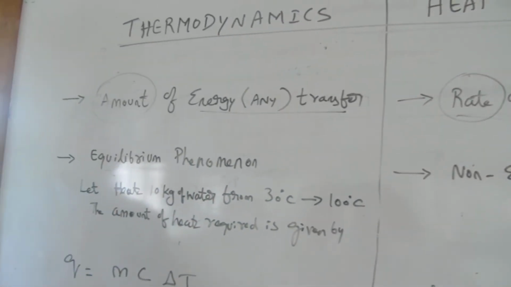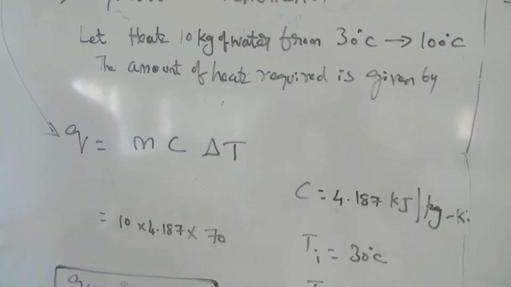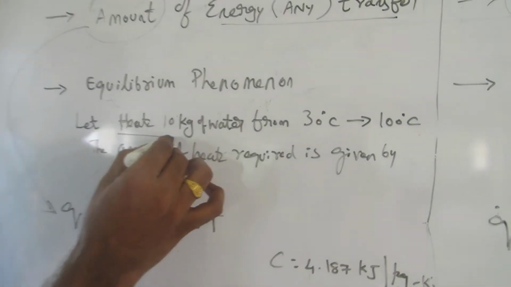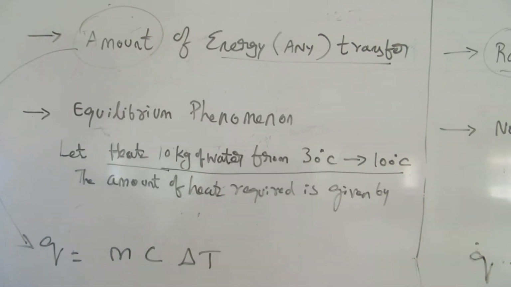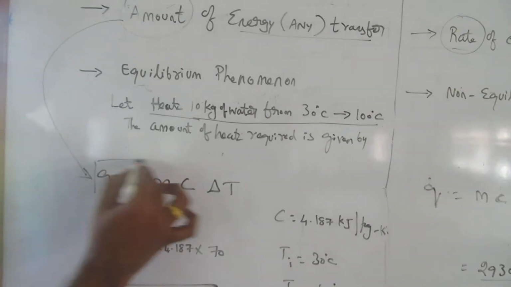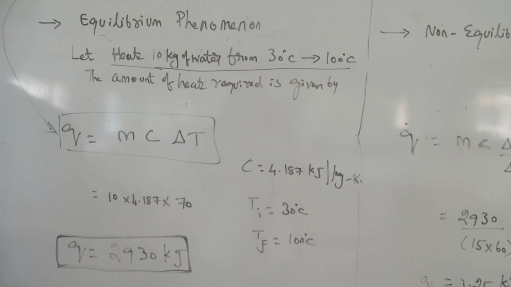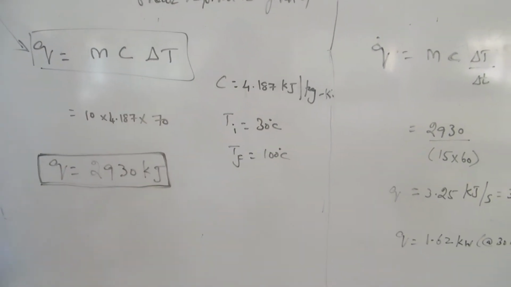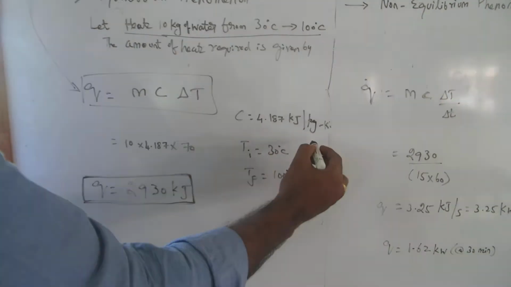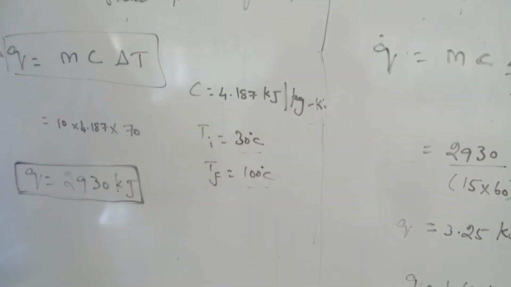So in order to understand it, let us have an analogy with a problem. Let us take the amount of heat we want to supply to heat 10 kg of water from 30 degrees centigrade to 100 degrees centigrade. We know this famous equation Q equal to m c del T, which is used to calculate the amount of heat transfer, and we know the specific heat at standard atmospheric temperature and pressure is 4.187 kJ per kilogram Kelvin, and the initial temperature is 30 and the final temperature we need is 100 degrees Celsius.